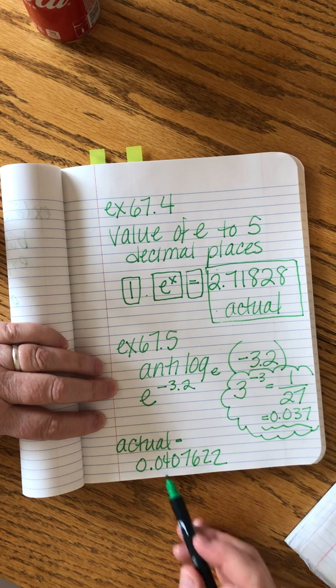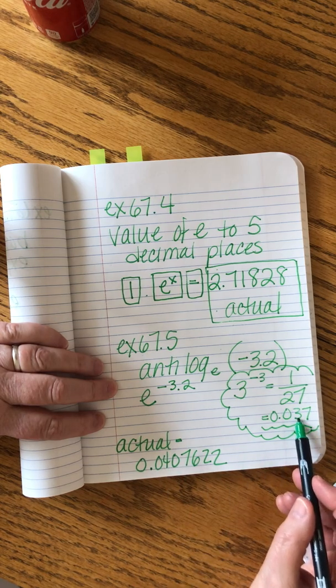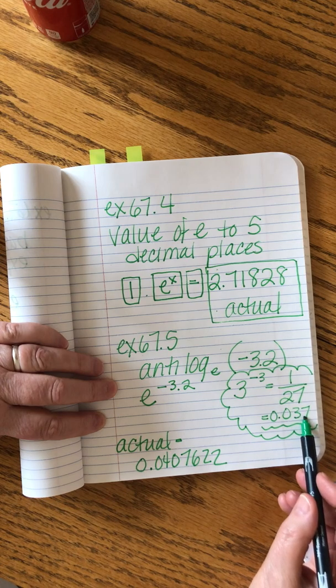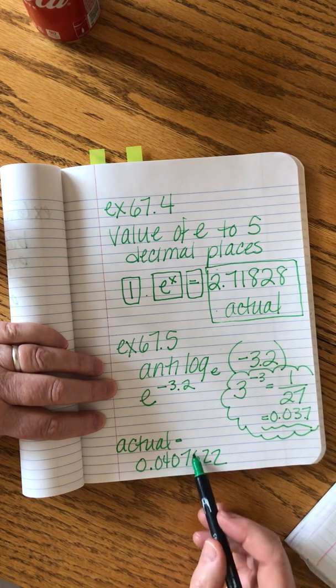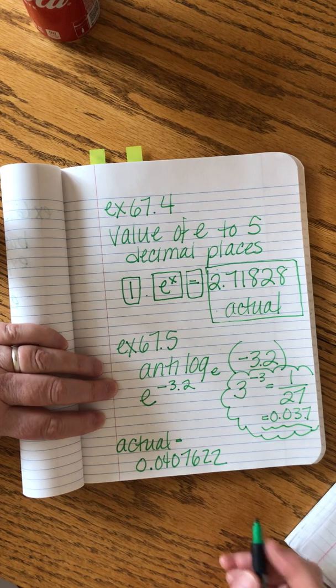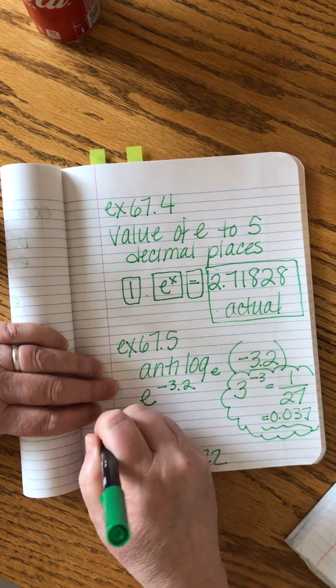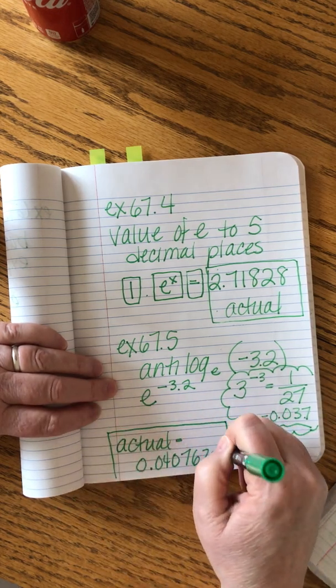All right, this is pretty darn close to that, right? This is 37 thousandths. This is 40, if we rounded it, 41 thousandths. That is a pretty sweet estimate. And we can feel very good about that.